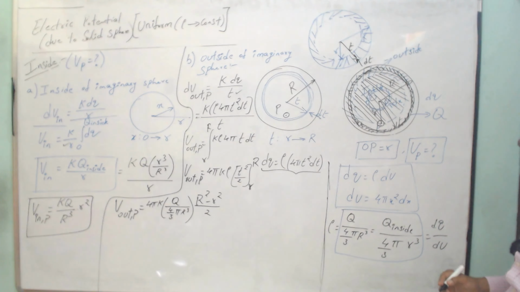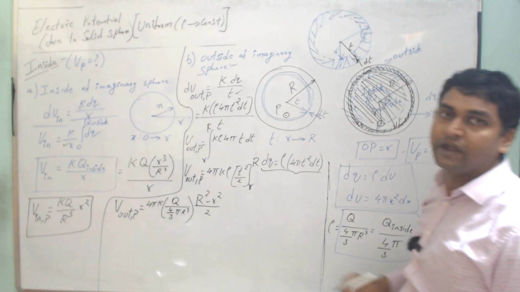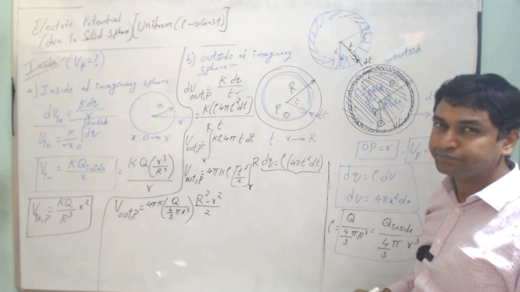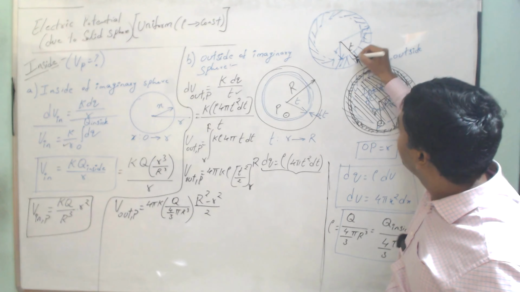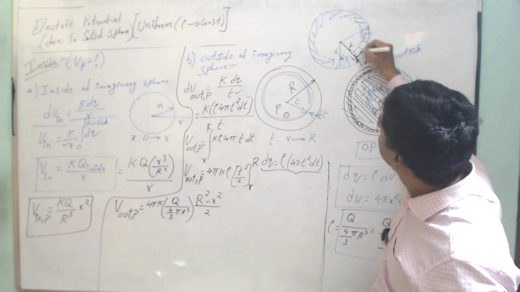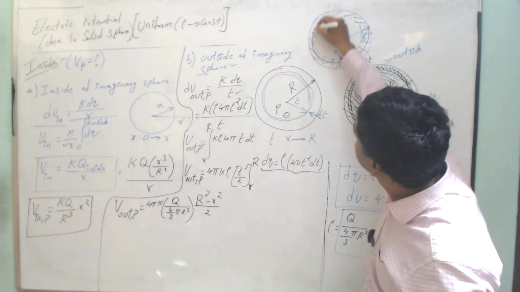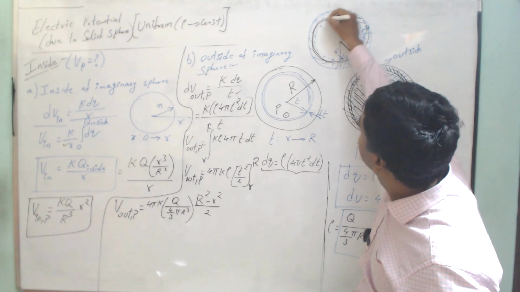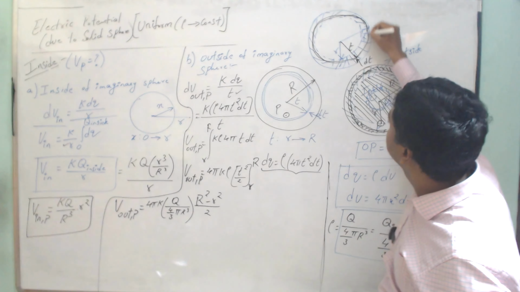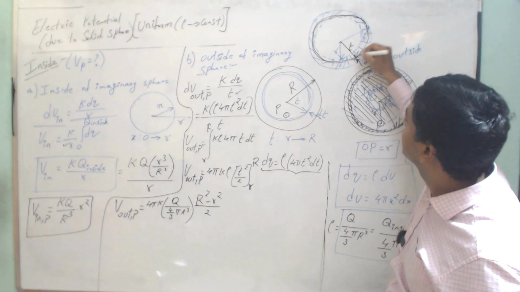So what is t? t is the distance from the center of the sphere, and it's a radius. At that radius t, I have a hollow sphere having a thickness of dt.